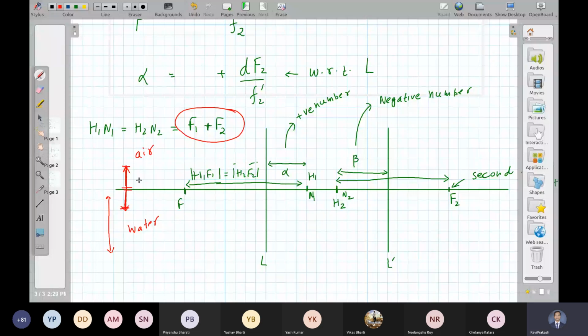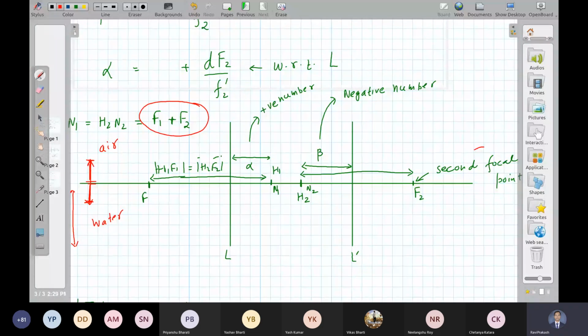The images of these two will be at different positions. So when you see from this side, you will see half of the object at some other position, half of the object at some other position. And this is true also. When you try to see some object which is half in air, half in water, you realize that the object is just cut in between.